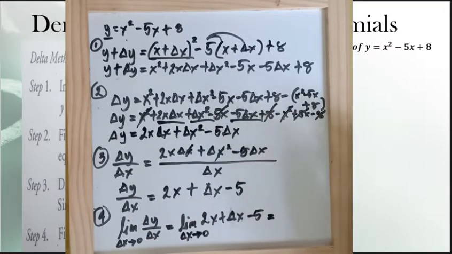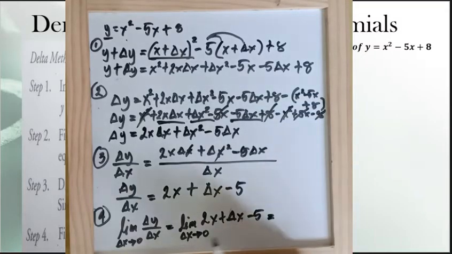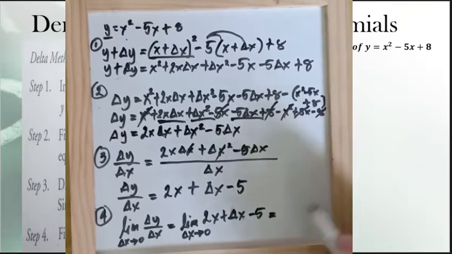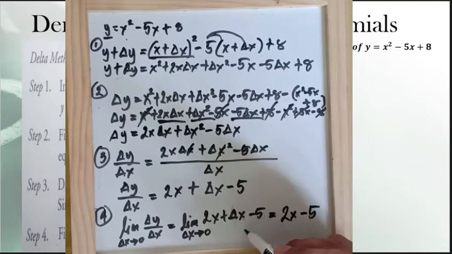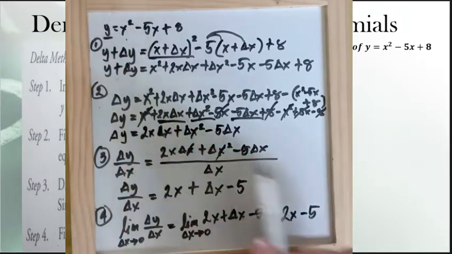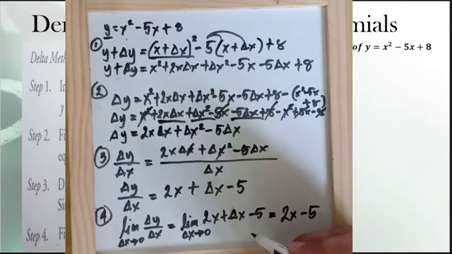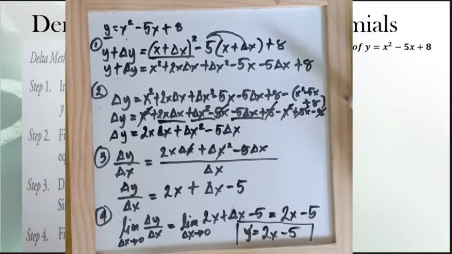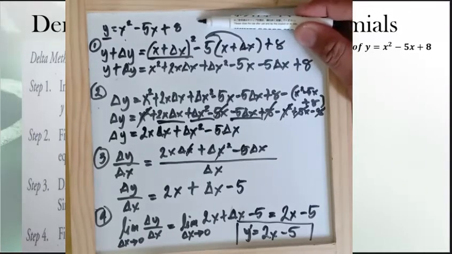So what is the answer? Yes, if we substitute 0 for delta x there, we will arrive at this final answer, 2x minus 5. Therefore, the derivative of y is equal to x squared minus 5x plus 8 is, I will write here, y prime is equal to 2x minus 5. So this is the derivative of this given function.